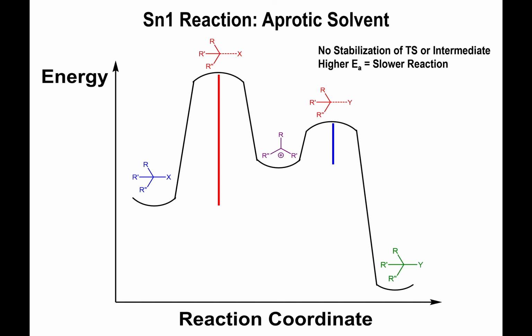So you're kind of trading that. You could still make Sn2 reactions happen in protic solvents, but it's going to take longer. And same thing with your Sn1 reactions. If you want to do an Sn1 reaction, you could do it in an aprotic solvent, but it's going to take a lot longer because the activation energy is not being reduced.